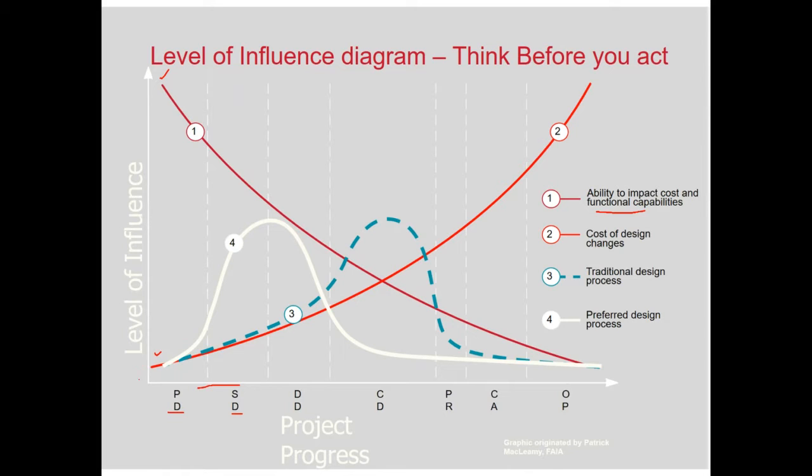Now, the problem in our traditional procurement methods, indicated by curve 3 here, is that a lot of the thinking and analysis, particularly from the viewpoint of the production side and from realizing the designs into an actual finished product, takes place after the bidding stage when contractors get on board.